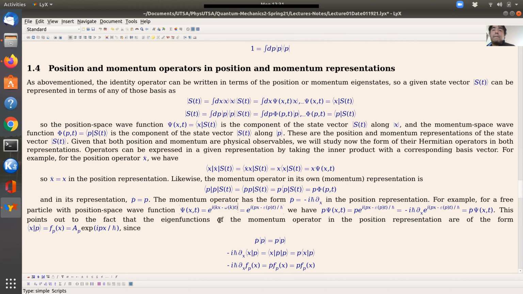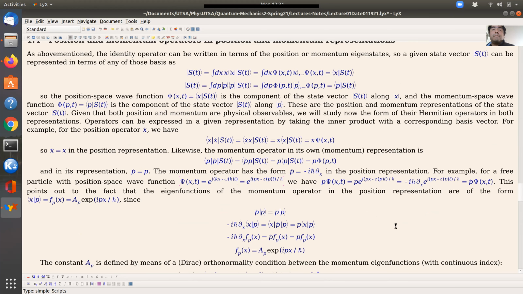This points out the fact that the eigenfunctions of the momentum operator in the position representation are of the form, if you're taking a product of x with p, you'll have the representation as a function of x, and so you have the wave particle form as you had before, A_p e to the i p x over h bar.